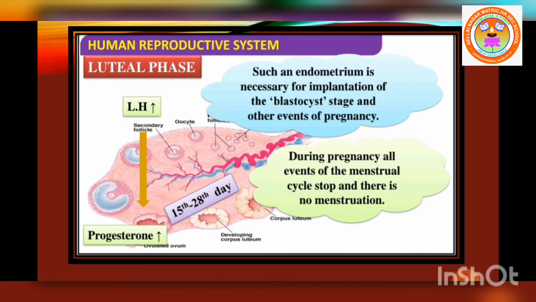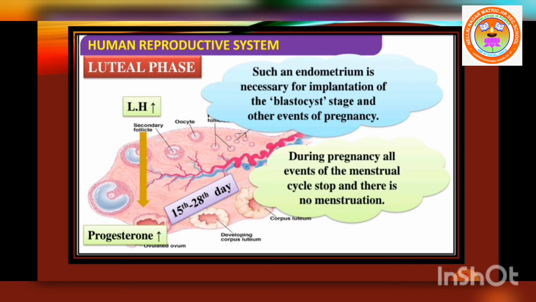During pregnancy, all events of the menstrual cycle stop and there is no menstruation. In the absence of fertilization, the corpus luteum degenerates completely and leaves a scar tissue called corpus albicans.